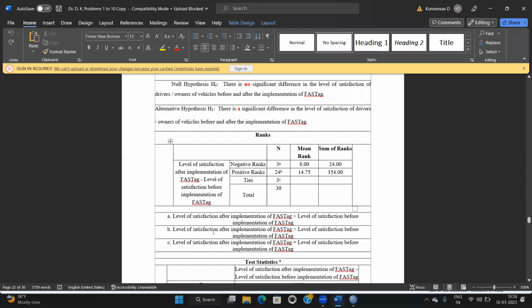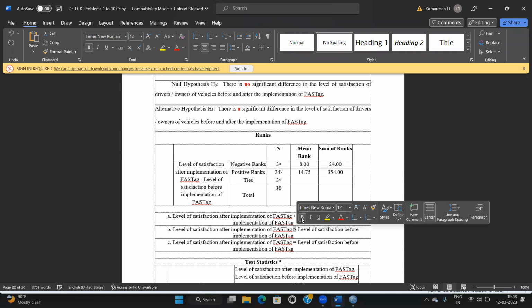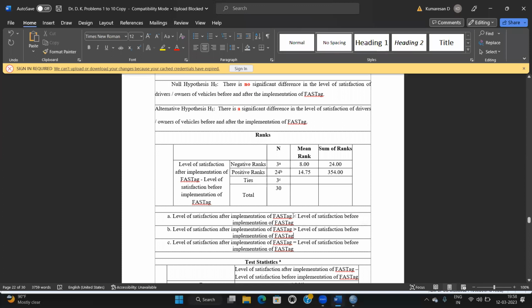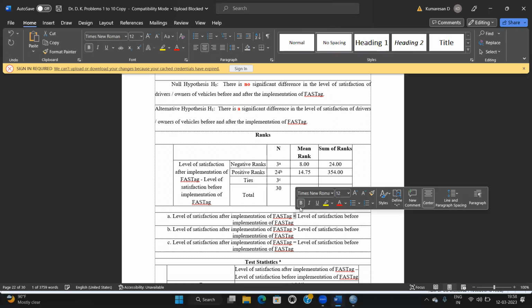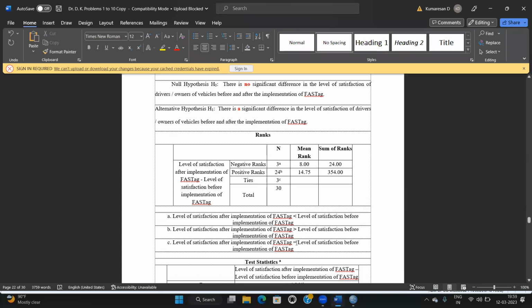Level of satisfaction after implementation of FASTag is greater than the level of satisfaction before the implementation of FASTag. Then what is the third one? Tied ranks. If the level of satisfaction after implementation is equal to level of satisfaction before implementation.